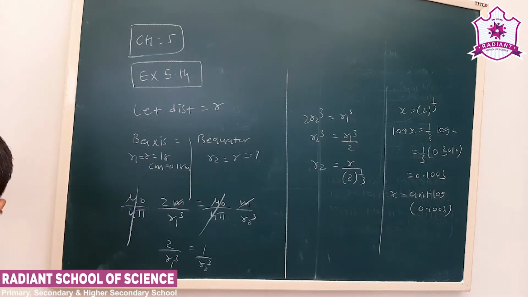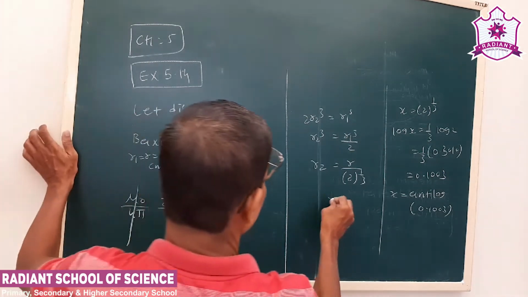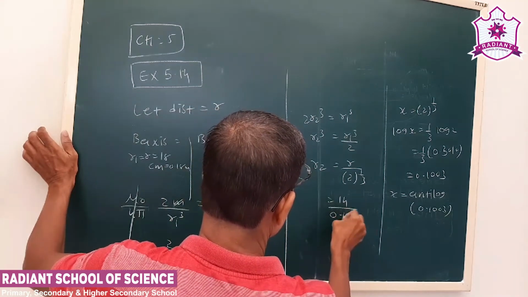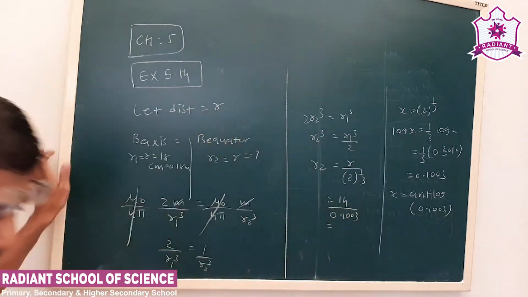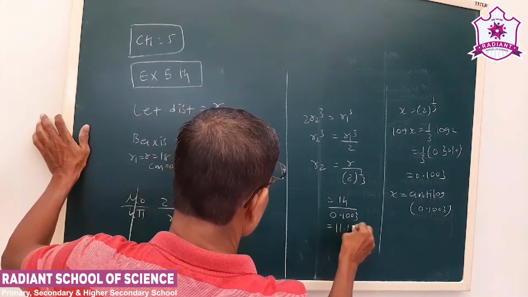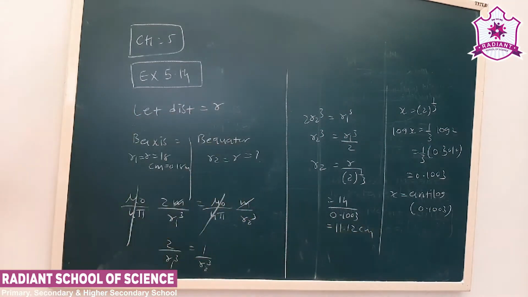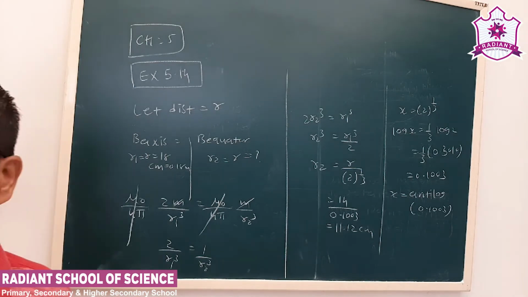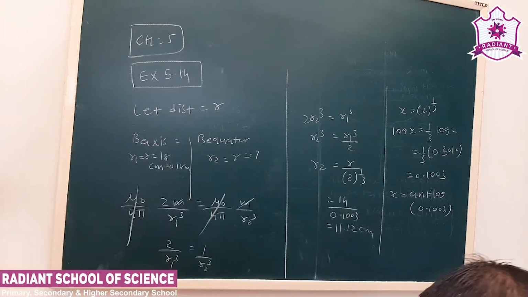Now R is 14 centimeter, so we'll get the value as 18 point something. Okay, so this is how we can solve. This one is very interesting, and important from the exam point of view also.